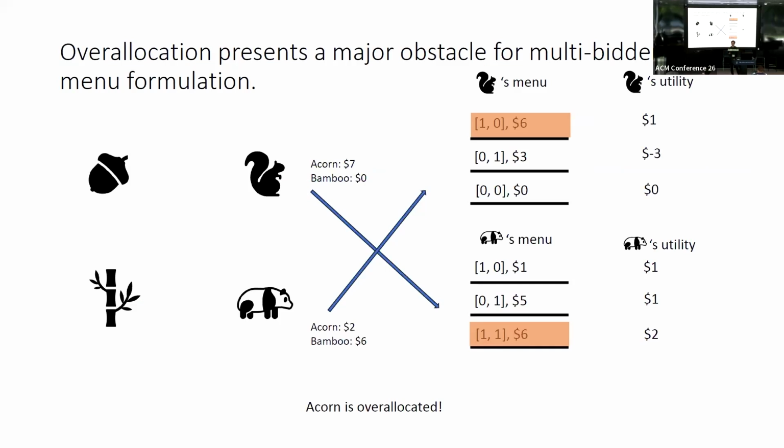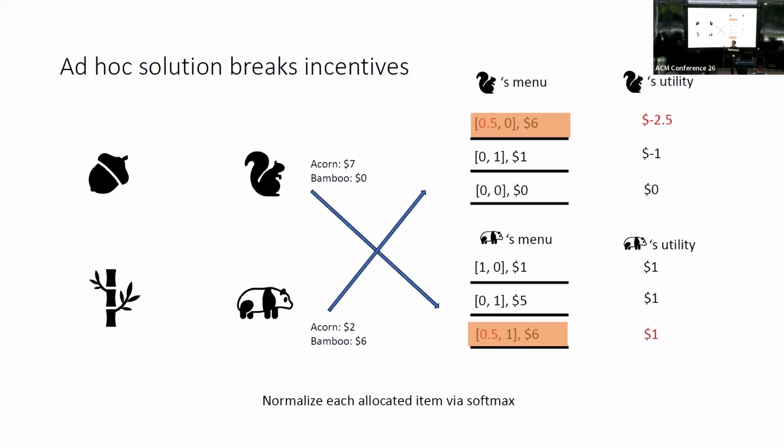A naive solution that we can come up with is, okay, now we have over-allocation on the first item, so why don't we just normalize it, for example using a softmax, or find whatever way to squeeze the one item into the two items that we promised. But this is not going to work, because the reason we have incentive compatibility through the menu-based approach is that the best item according to the bid is chosen on the bidder's behalf.